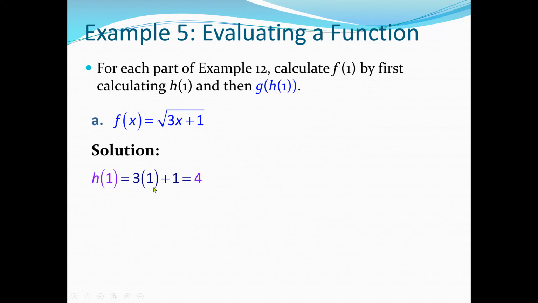So we get 3 times 1 plus 1, and that will give us 4. Now with f(1), we get g(h(1)). We know h(1) is 4, so we get g(4), which is the square root of 4, which gives us 2.